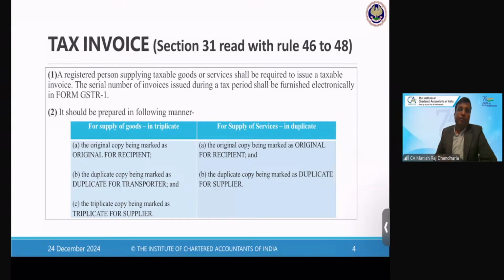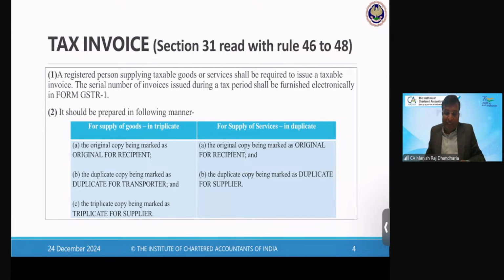But in case of supply of services, there is no need of any transportation. As there is no need of transportation, the second copy is not required. I mean to say, the copy required for the transporter will not be needed. So in case of services, only dual copies are required.